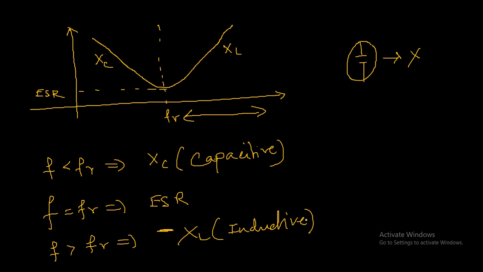If you want to find the resonant frequency for a particular capacitor, you can use 1 over 2 pi root of ESL times C.